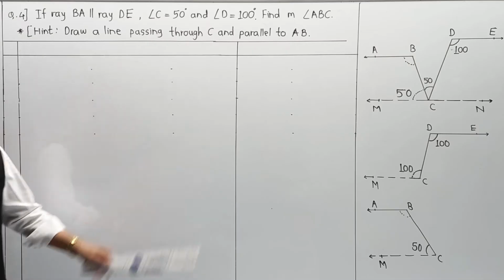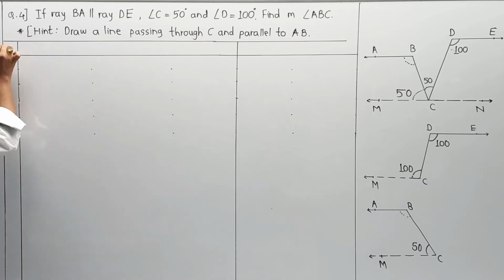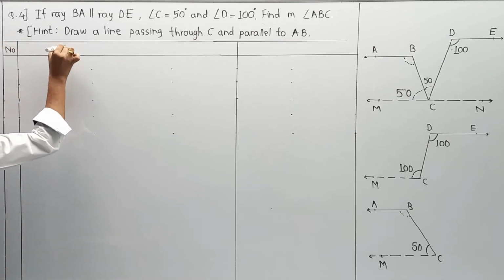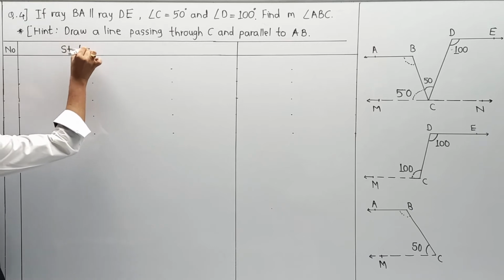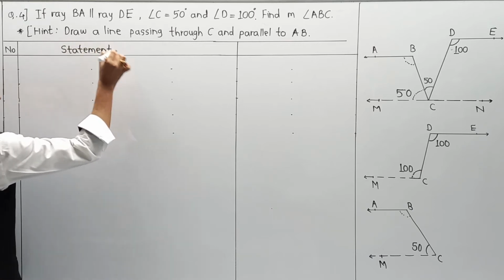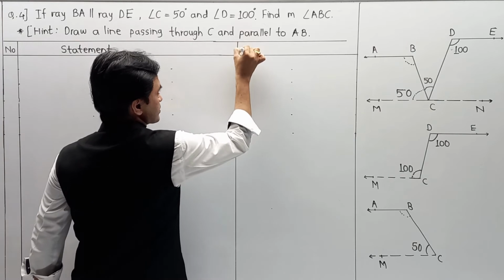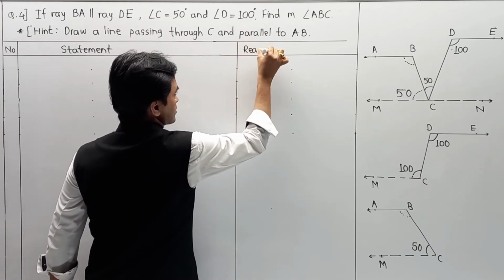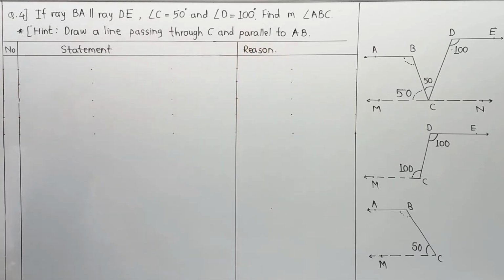Now, one by one, in terms of numbers, statement and reason. First part: as per the structure, we have drawn one line MN which passes through C parallel to AB.